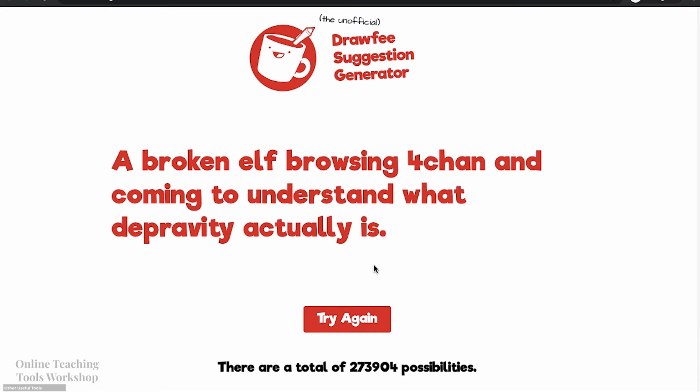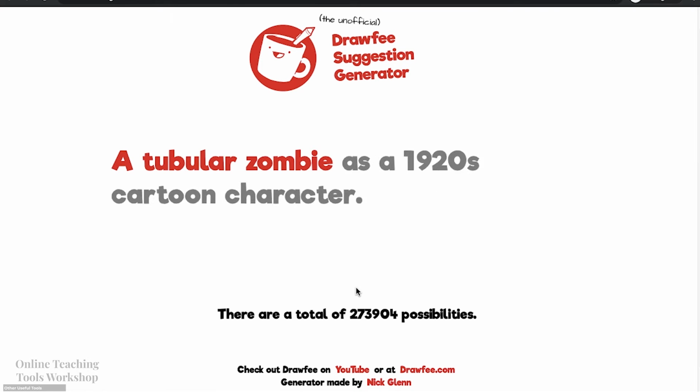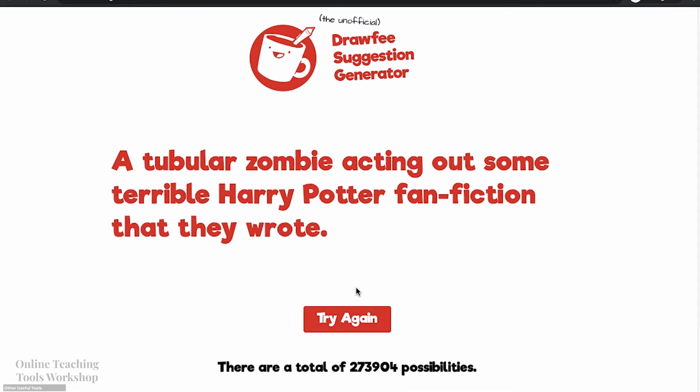A broken elf, browsing 4chan. 4chan is like Reddit, but okay. A lot of times it's randomly generated, so you might want to say try again, right? Try again. Tubular zombie. Okay, I like it already.